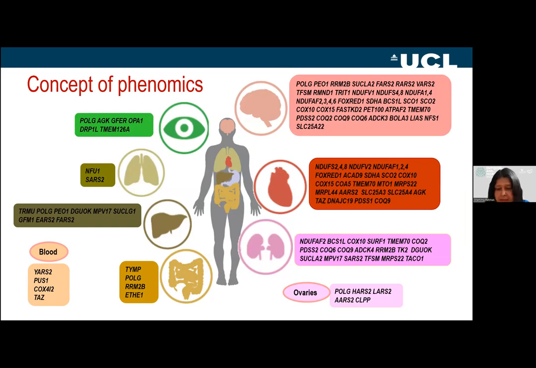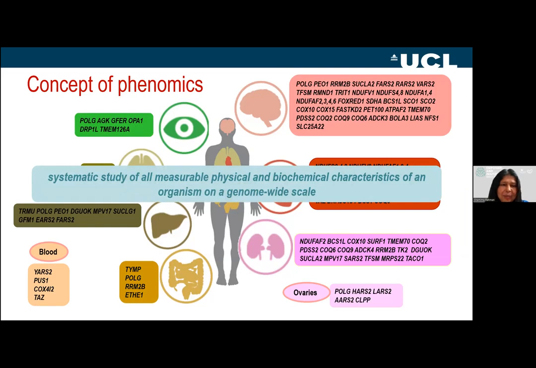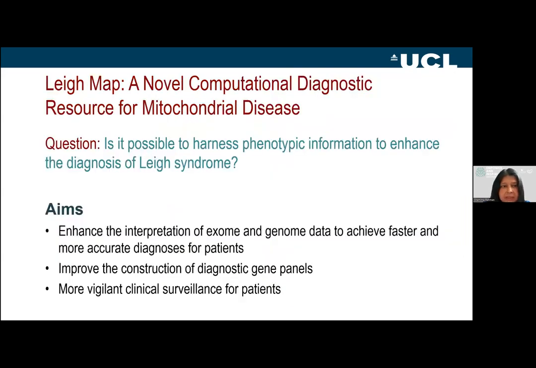And this was a manual exercise and obviously not very efficient. But phenomics is the systematic study of all measurable physical and biochemical characteristics of an organism or a person on a genome-wide scale. So we then went on to create something called LeighMap, which is a computational diagnostic resource.